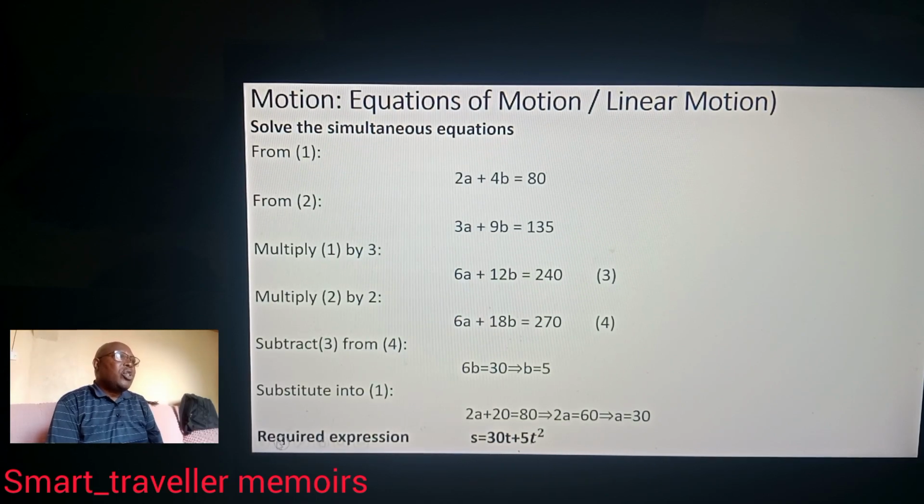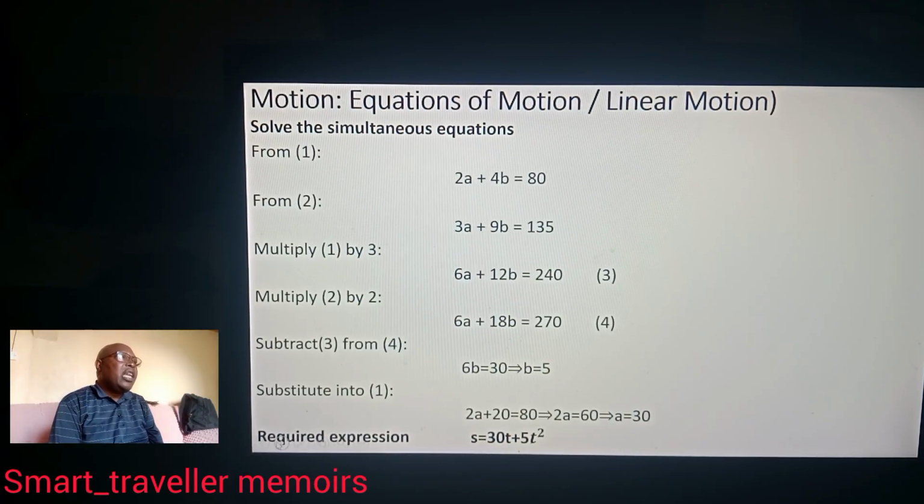If you multiply equation 1 by 3, you get 6a plus 12b is equal to 240. Name it equation number 3. Multiply equation 2 by 2, you get 6a plus 18b is equal to 270. You call that equation number 4.